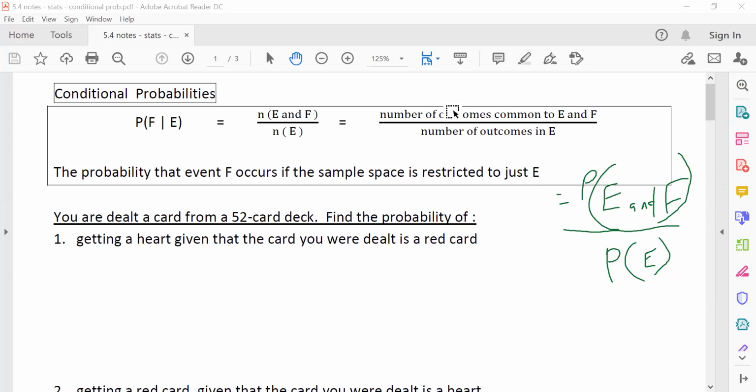So you can either just count the number of outcomes in E and F and divide by the number of outcomes in E, or you can calculate the probability that both E and F events occur and divide by the probability of E. And so maybe we'll keep this in mind here.